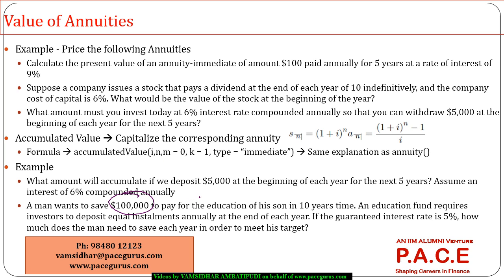Similarly, a man wants to save 100,000. Okay, so his final amount needs to be 100,000. So look at the framing of the numerical, right? We are talking about a 10 years time period. So here the amount needs to be 100,000. An education fund requires the investor to deposit equal installments annually.